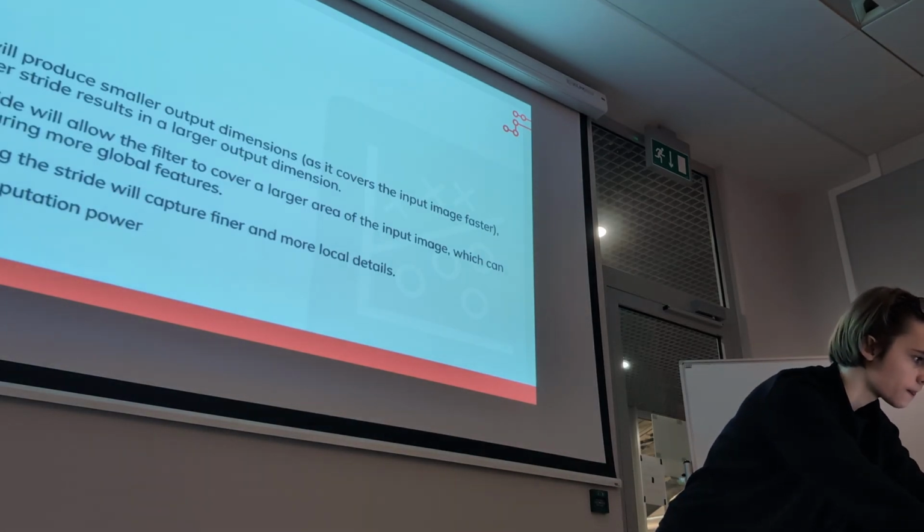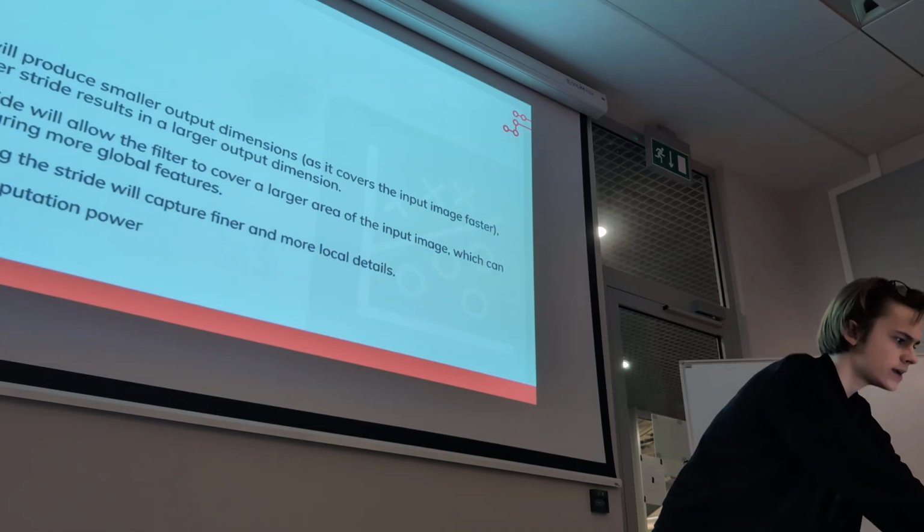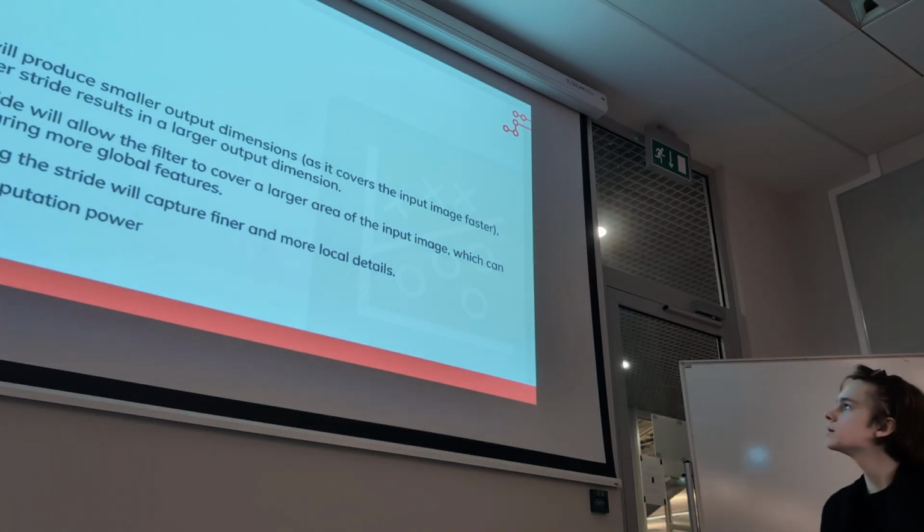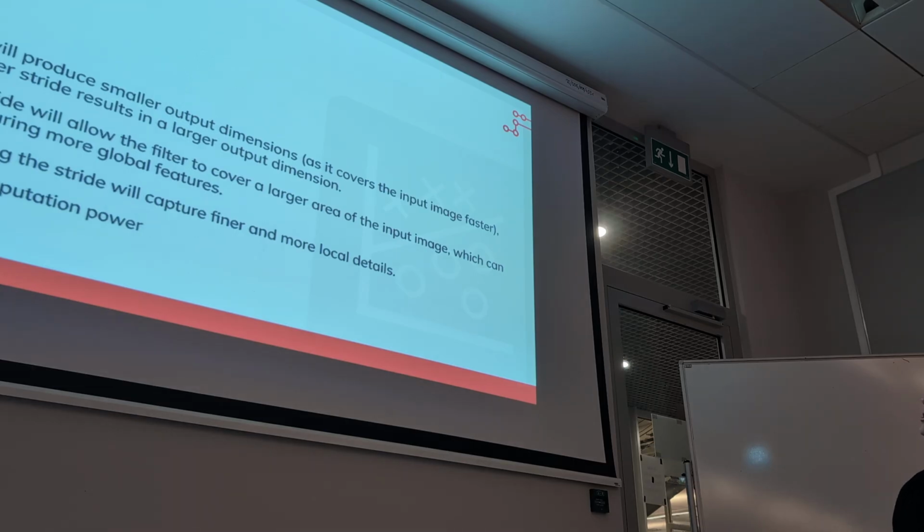That will answer your question. Also there are strides, and I want to read something that I have written down here. A larger stride will produce smaller output dimensions, as it covers the input image faster, as I showed before, whereas smaller strides result in larger output dimensions. Increasing the stride allows the filter to cover a larger area of the input image, which can be useful for capturing more global features.